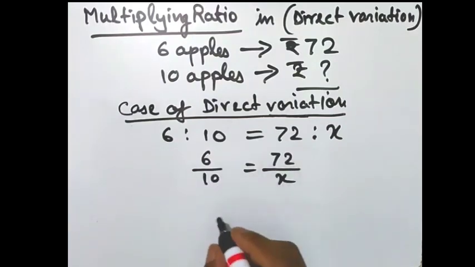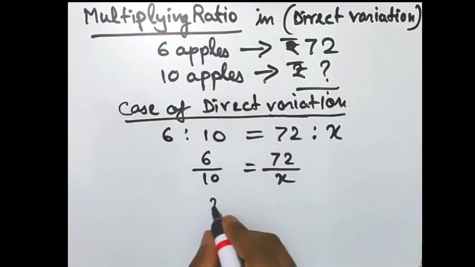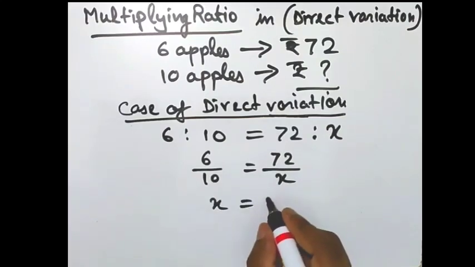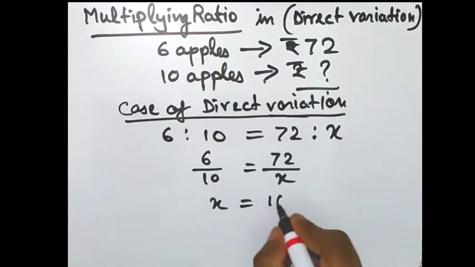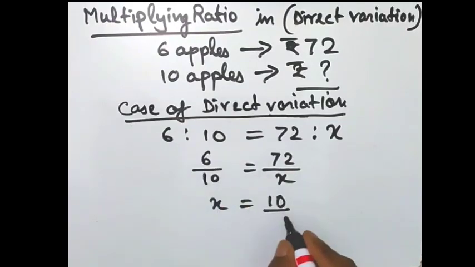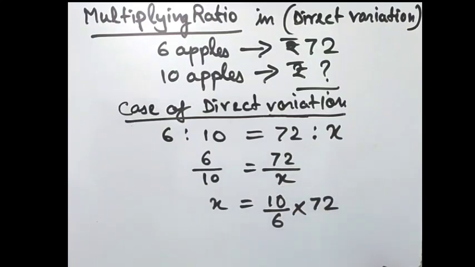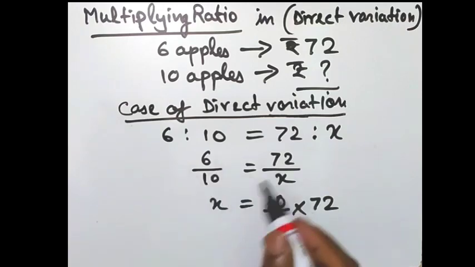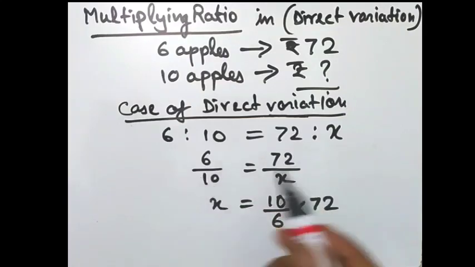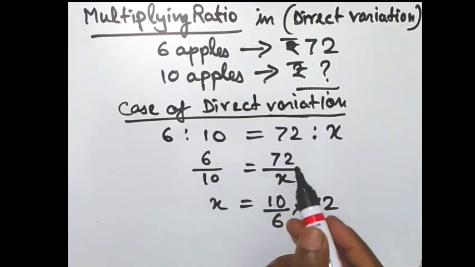So x will be equal to 10 will go there, and 6 will come down, 6 into 72 was already there, so 72. Clear? So we have done cross multiplication, transposition we can say, or we can say we have multiplied both sides by x and then divided both sides by 10.